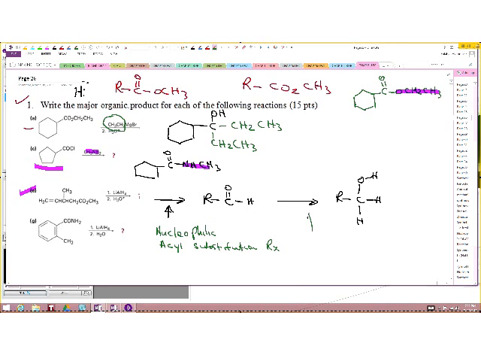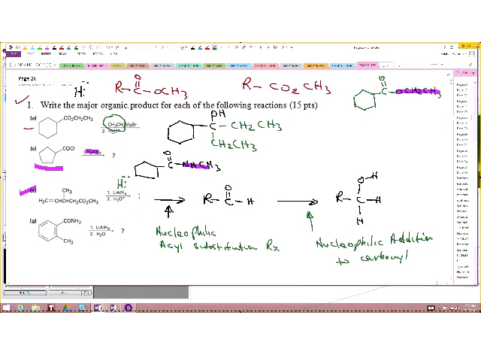And this part is the nucleophilic addition reaction to carbonyl. There are two types of mechanisms taking place here, and in this case, the reagent, whenever you have lithium aluminum hydride, is this here.